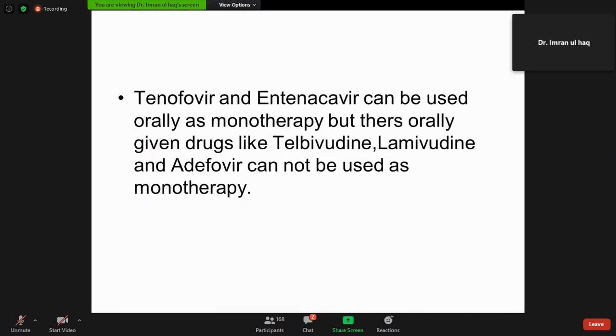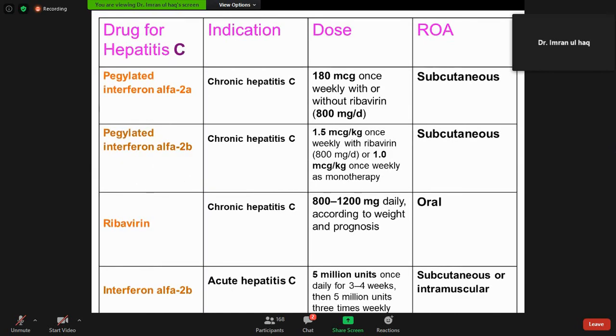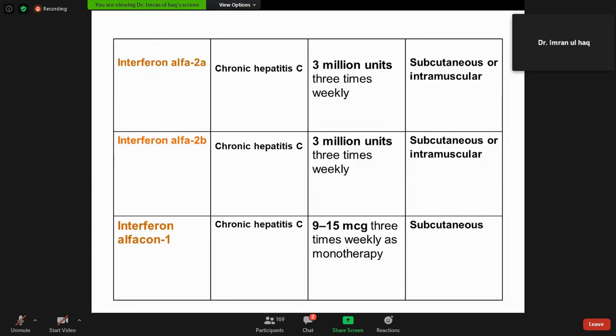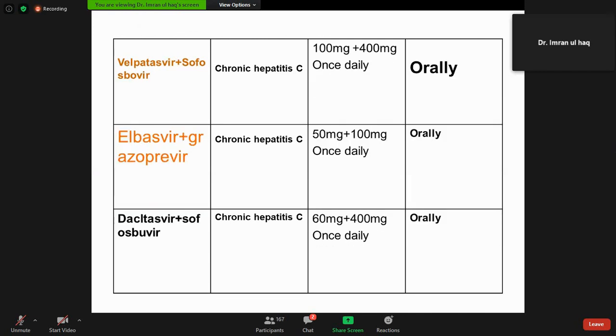And then hepatitis C, the key important oral drug is ribavirin, and now the new oral drugs that we have already discussed, that is velpatasvir, right, and sofosbuvir. This is a very important drug that is being used commonly in our clinical setup.